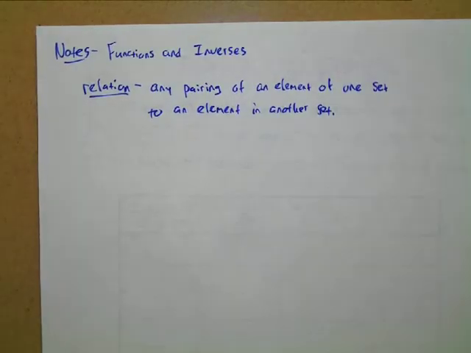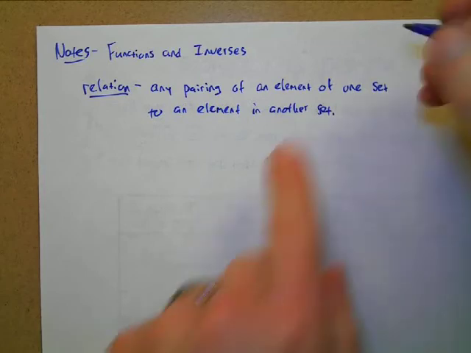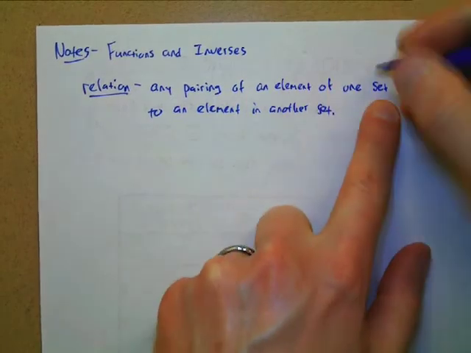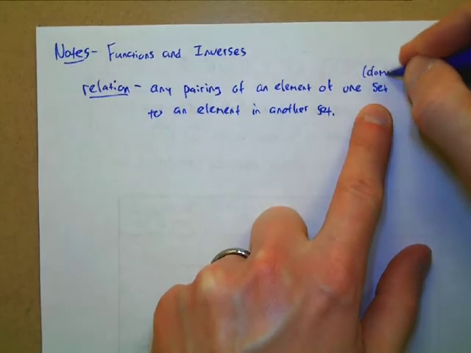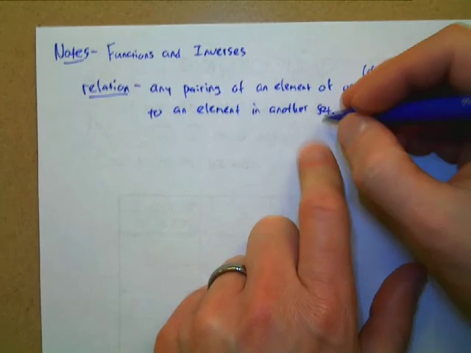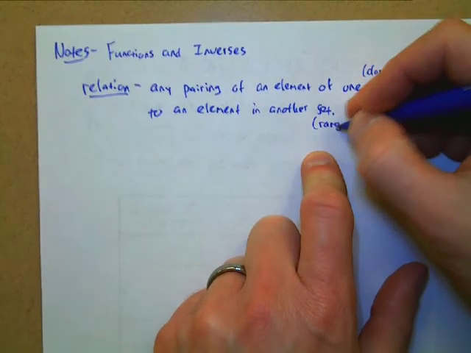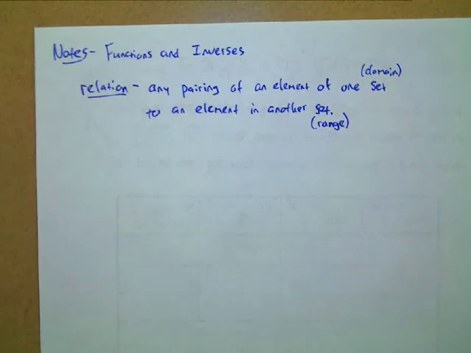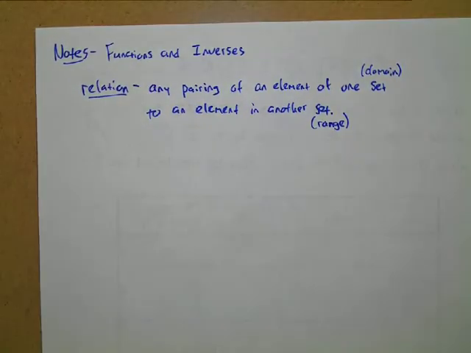So a relation is the most basic, generic way to take one thing and relate it to another. We just say there's a relation there. Typically, the element of the first set, you can think about it in terms of the domain, and then comparing it to the other set, which would be maybe the range. But it doesn't even have to be that specific. It's very generic.